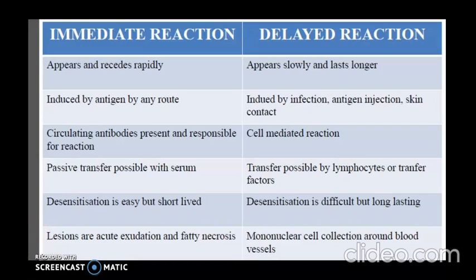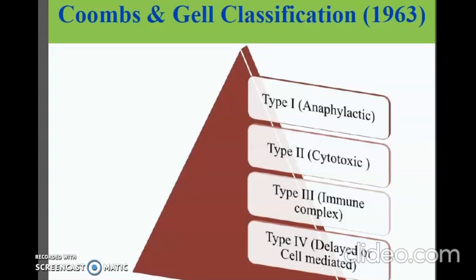The lesions in immediate reactions are acute exudations and fatty necrosis, whereas in delayed reaction, it's mononuclear cell collection around blood vessels.